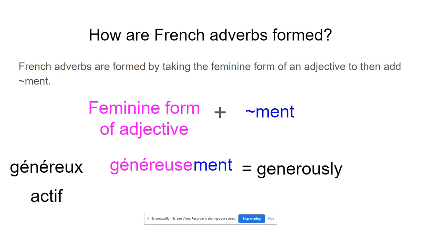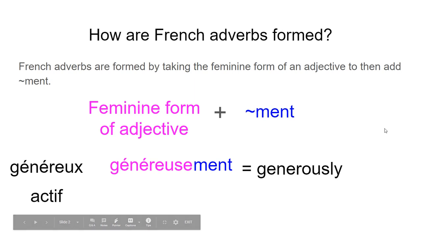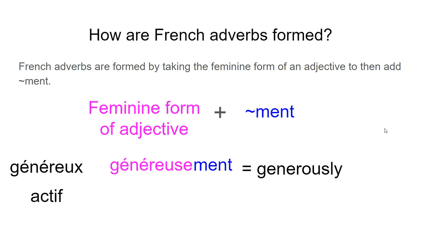Here's another irregular adjective, actif. It's an IF, and we learned that in order to make an IF adjective feminine, we are going to drop the F and replace it with VE. So active, again, add my MENT. Activement would be our equivalent to actively.